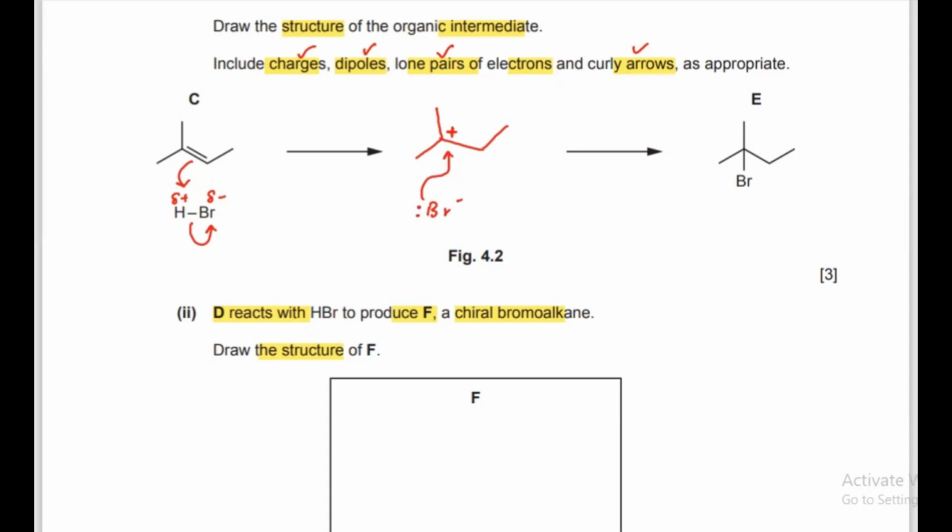Now D reacts with HBr to produce F, a chiral bromoalkane. Now, if we look at the structure of D, where is D?